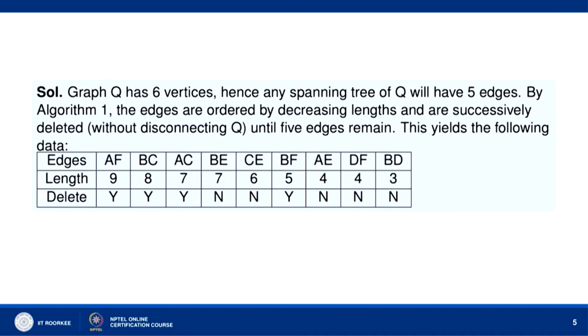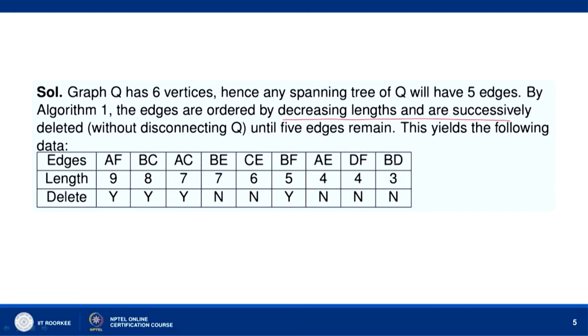So, by algorithm 1, the edges are ordered by decreasing lengths and are successively deleted without disconnecting the graph Q until 5 edges remain. AF has length 9, BC has length 8, AC has length 7, BE has length 7, CD 6, BF 5, AE 4, DF 4, BD 3. So, we have arranged the edges in order of their decreasing lengths.